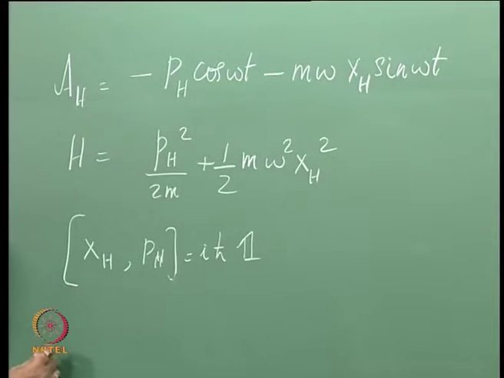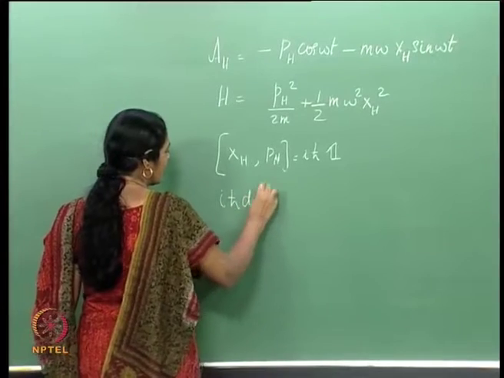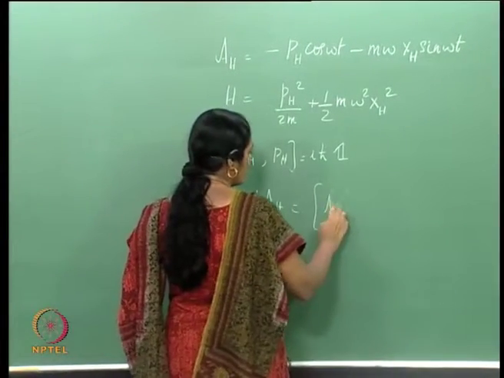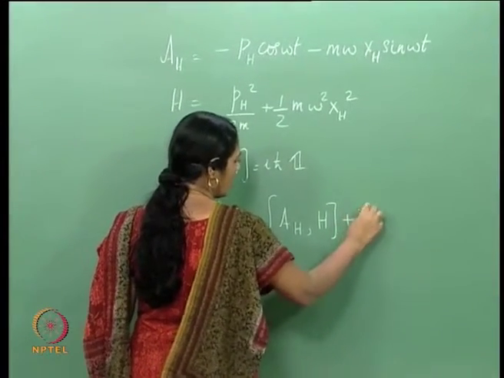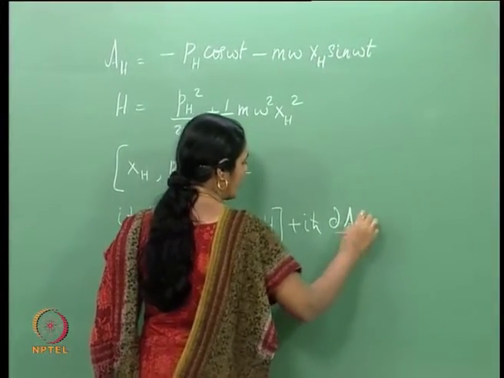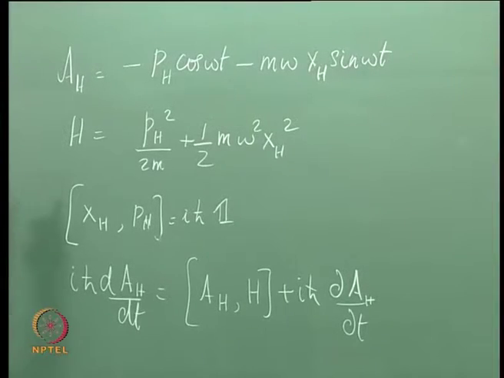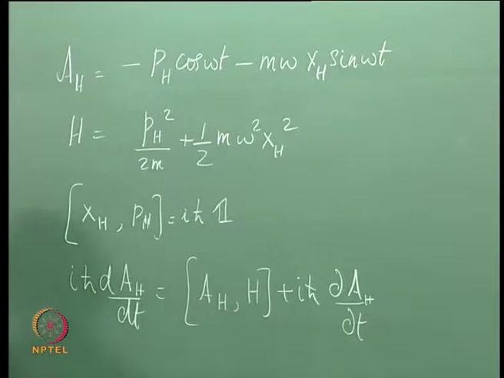So now let us look at the equation of motion. i h cross dAH by dt is a commutator of A with H plus i h cross delta A by delta t. This is the explicit time dependence. In this problem, let us calculate these two terms.